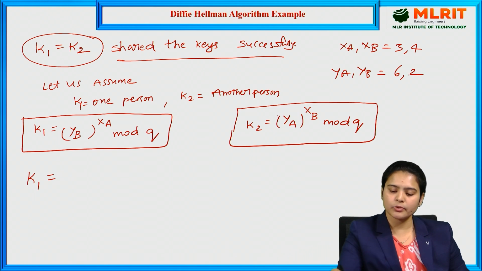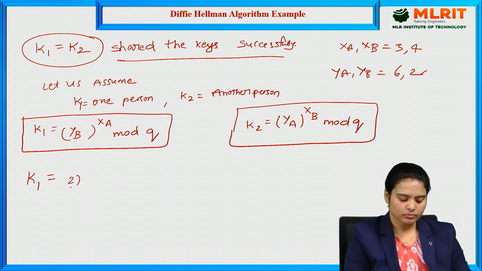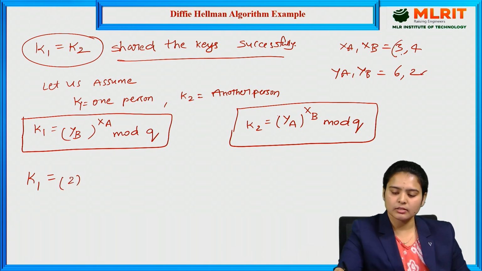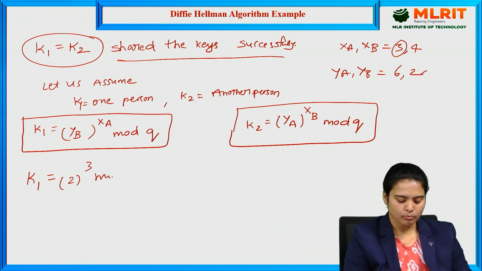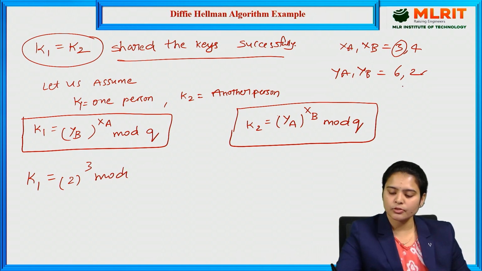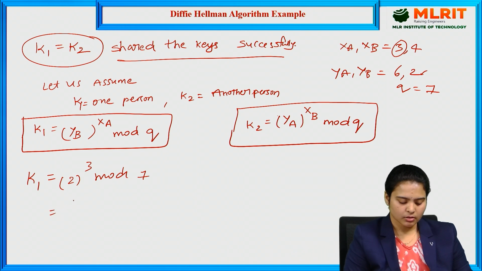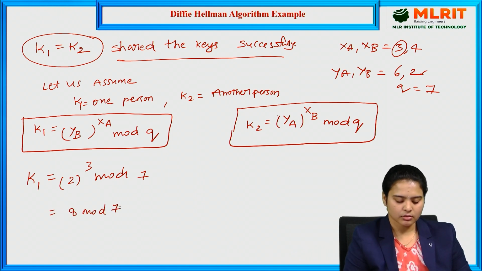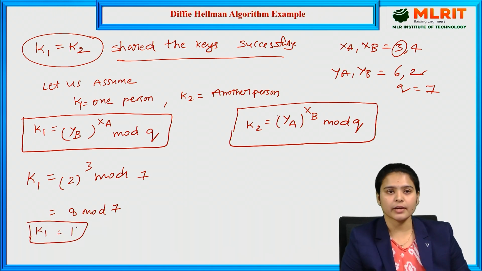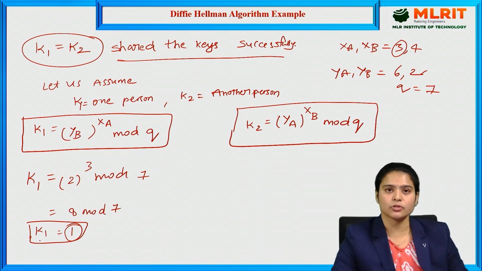YB value is 2, XA value is 3, mod q is 7. 2 times 2 is 4, 4 times 2 is 8, 8 mod 7. Substituting, 8 mod 7 value is 1. So K1 equals 1.